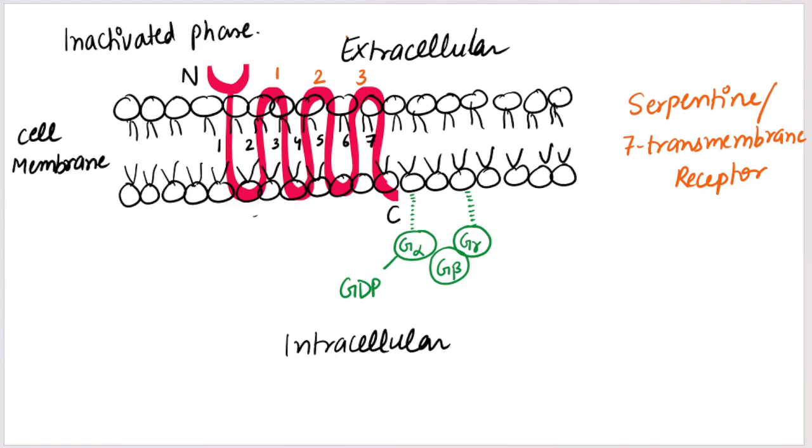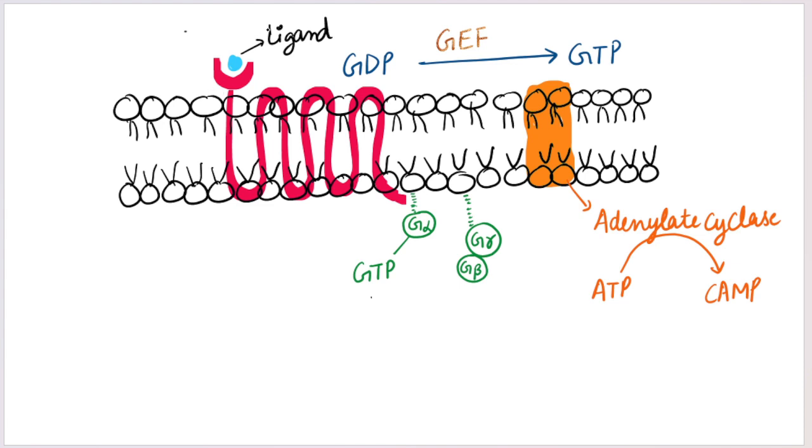But when a ligand comes and binds to the receptor, guanine nucleotide exchange factor, abbreviated as GEF, gets activated and converts GDP into GTP. Now you can see that G alpha is bound to GTP.